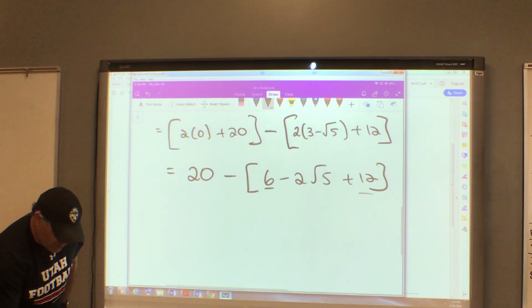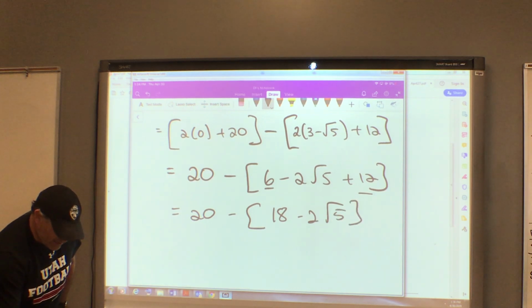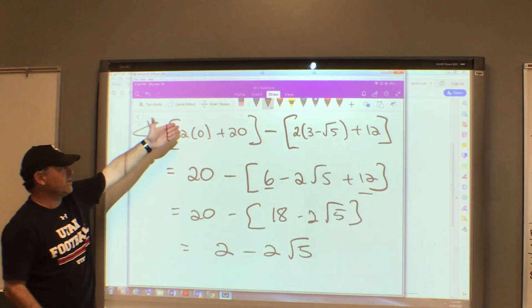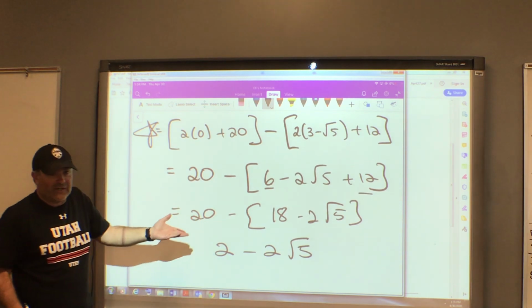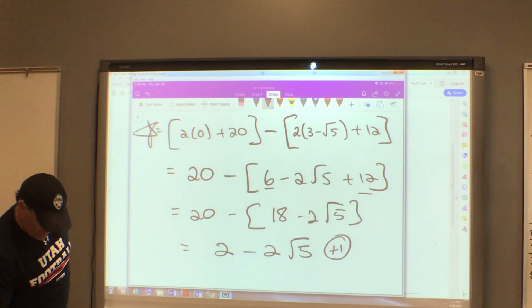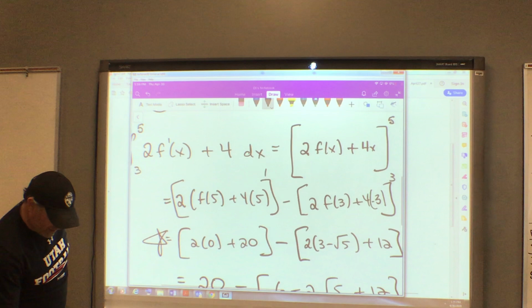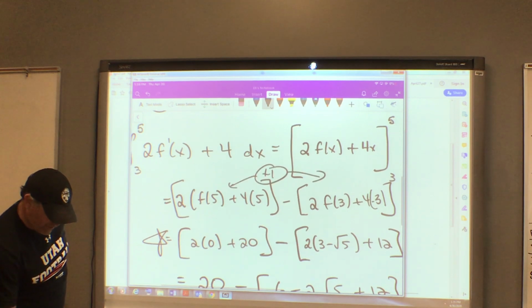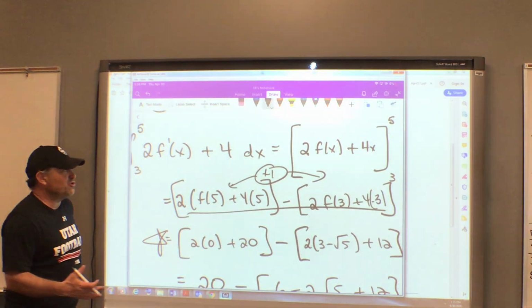Let's see, 6 plus 12, so this is going to be 20 minus the quantity 18 take away 2 root 5, 20 minus 18, that's 2 minus 2 root 5. But again, back up here, we could have been done right there if we so chose. All right, so I know that was worth a point, and I think the fundamental theorem of calculus was also worth a point, which I think is that right here. So that gets you 2 more points.